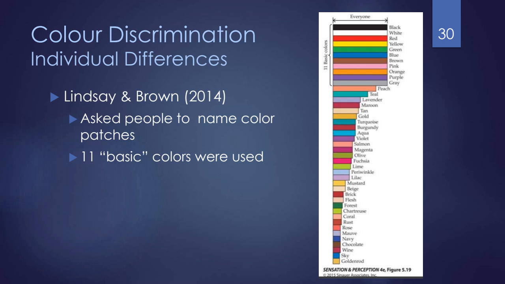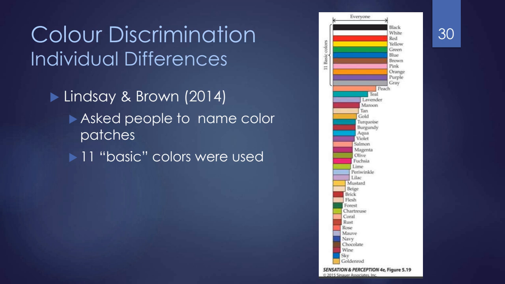So basically what we're looking at here in this figure is the length of the bars represents the proportion of people who used these color words to describe the color patch. There were 50 people in the study. They gave them about 330 color swatches to label.